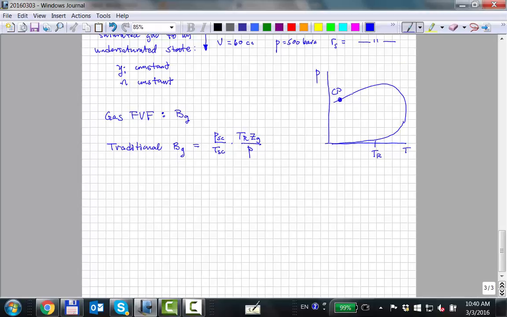We've got the dew point line at 0%, and then 10% liquid, 20%, 30%, and so forth.